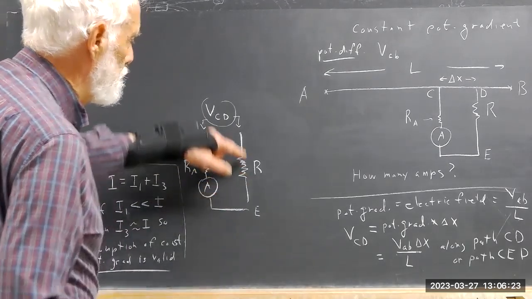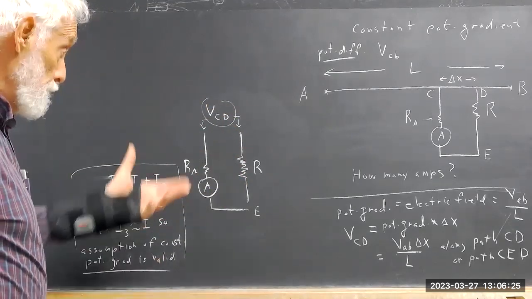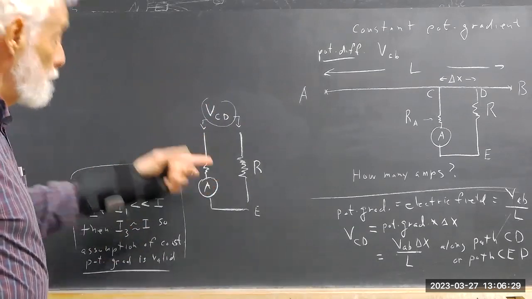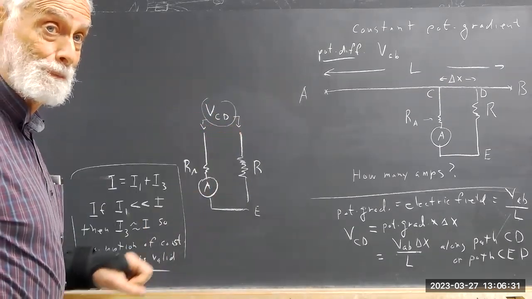This creates a flow of charge because all these things are conductors. The resistor might be a pretty bad conductor, but it's still a conductor.